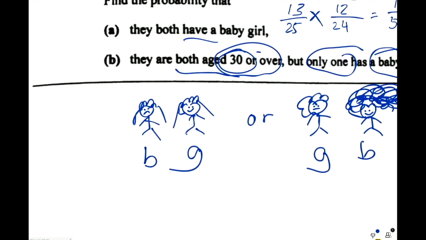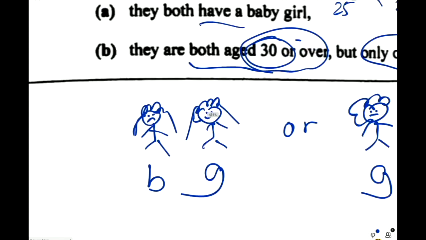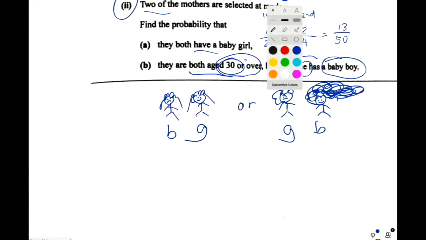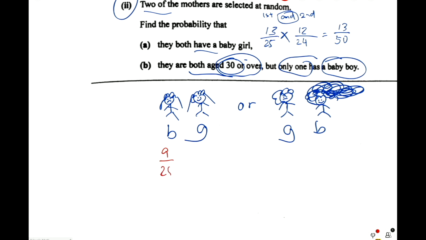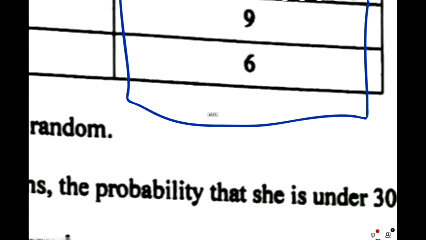Now, what is the probability of choosing this mother with a boy above 30 years old? You see how many? 9. There's only 9 of them. So the probability of getting the first mother is 9 upon 25. Now how about the second one? Girl, above 30, girl, 6, right?